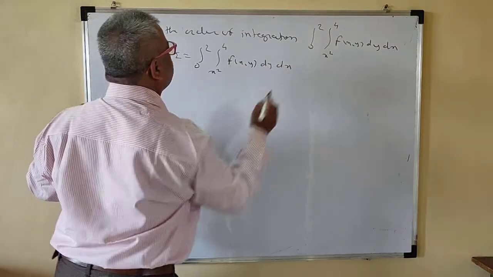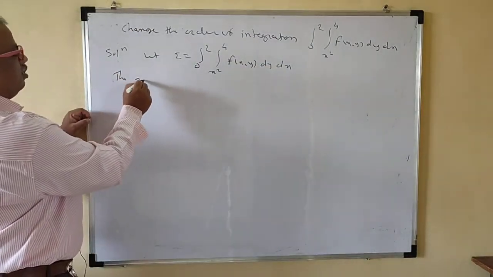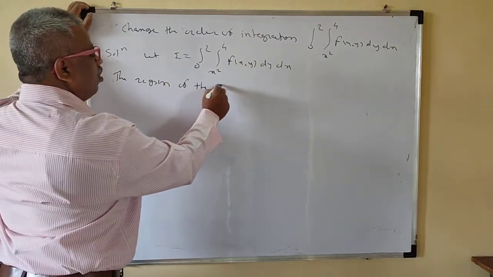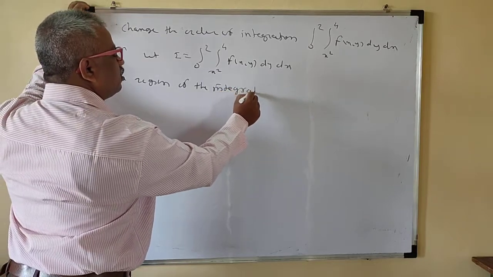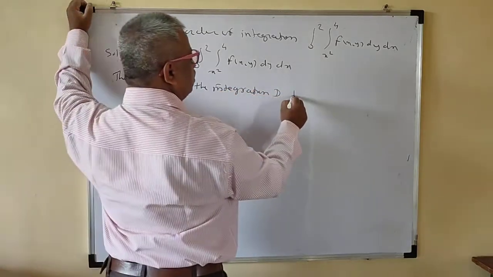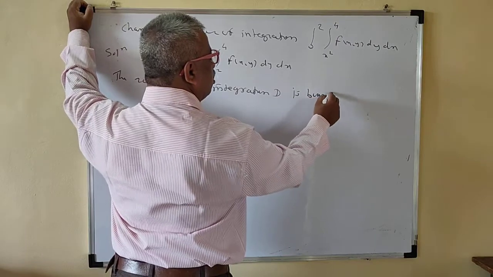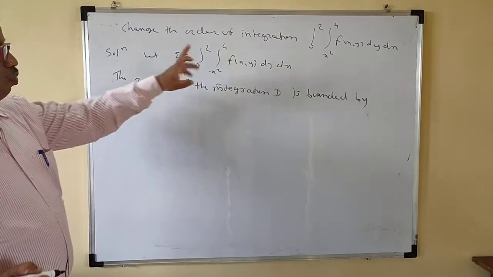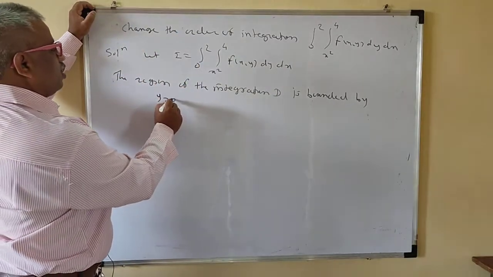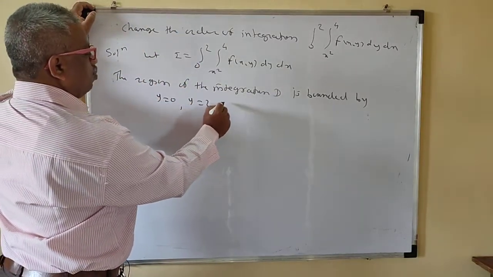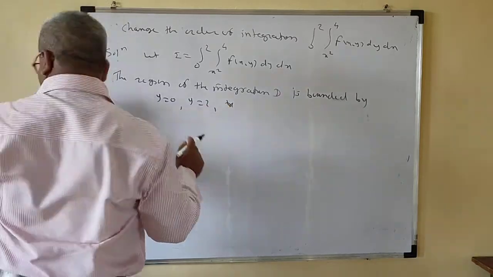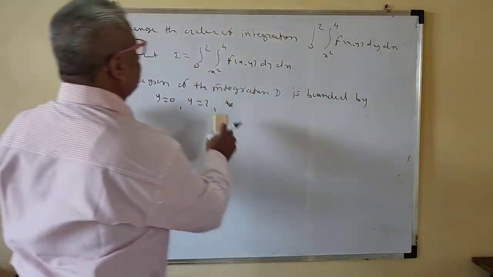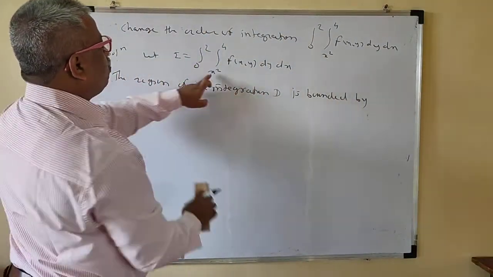dy dx. The region of integration D is bounded by y is equal to x square and y is equal to 4.